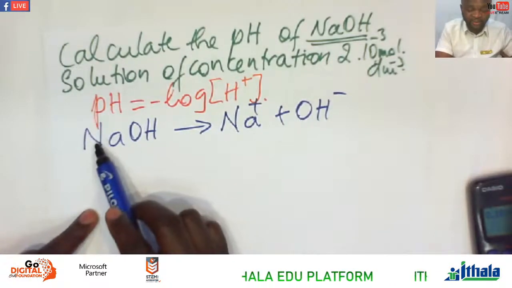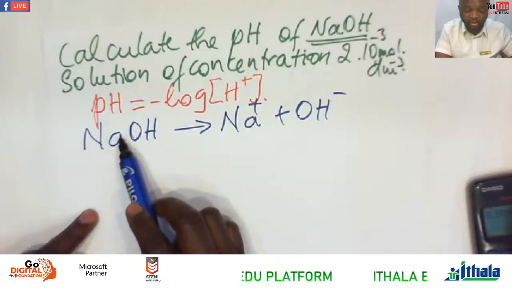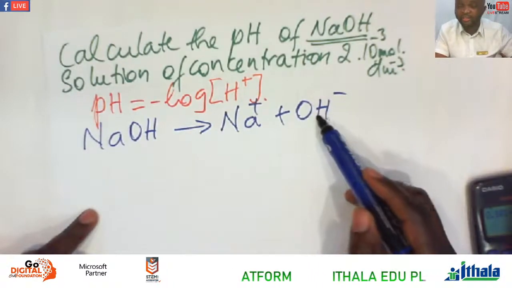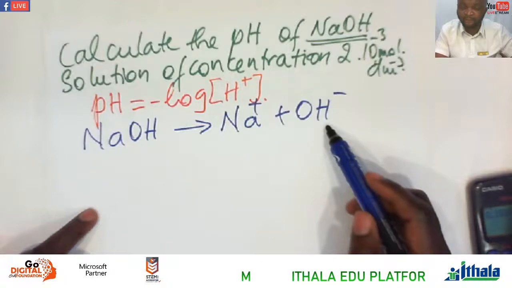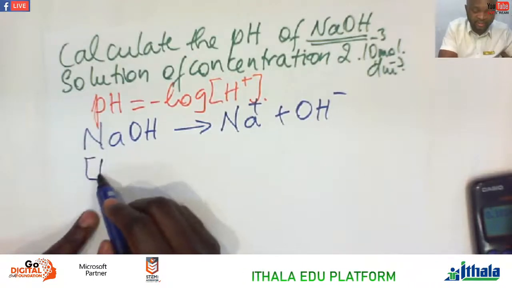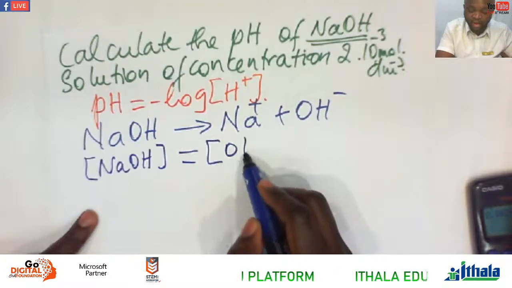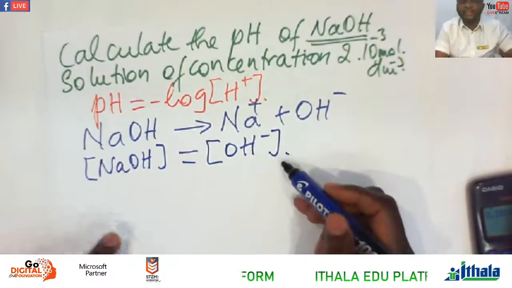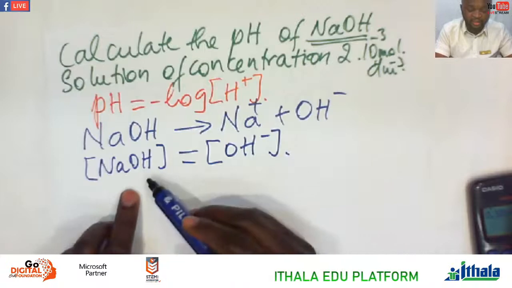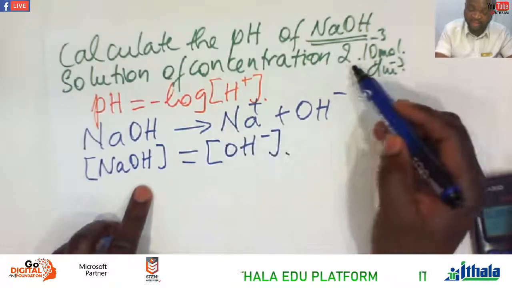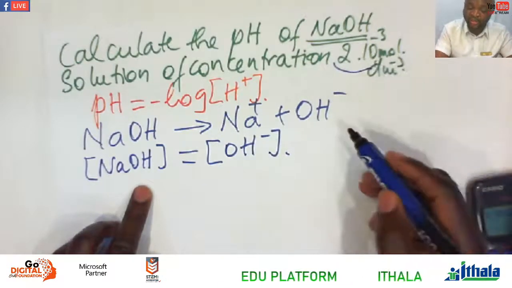Then masibuki i-ratio. It simply means that ratio between sodium hydroxide and OH minus, it's what? It's 1:1. So kusho ukuthi i-concentration ka sodium hydroxide ilingana nani? The concentration ka OH minus. Right, and i-concentration ka sodium hydroxide bese sinikezwe wona, it's 2 times 10 to the power negative 3.